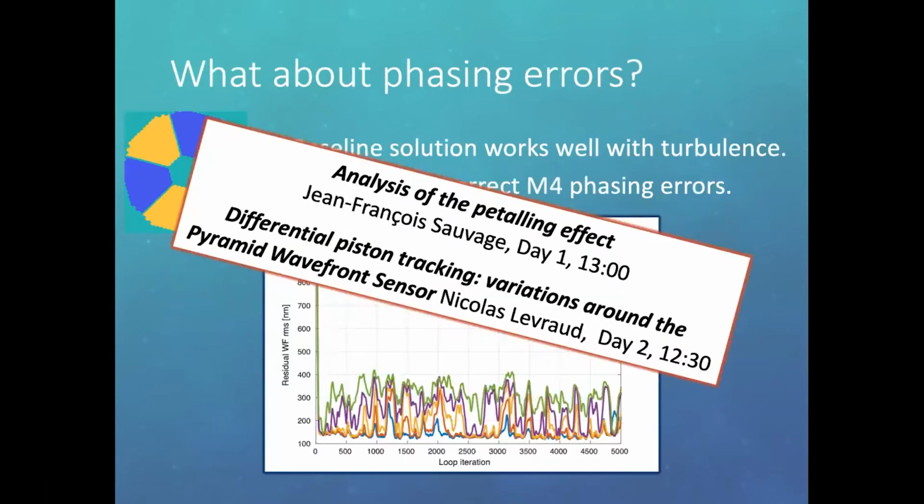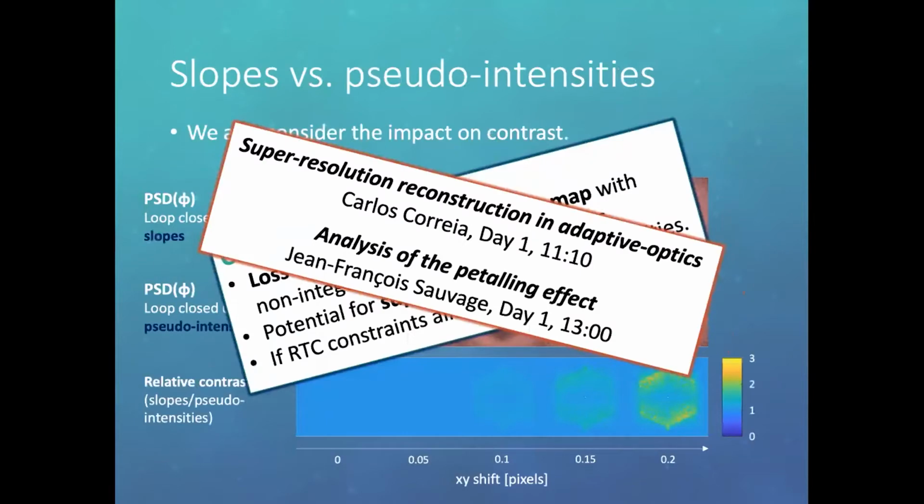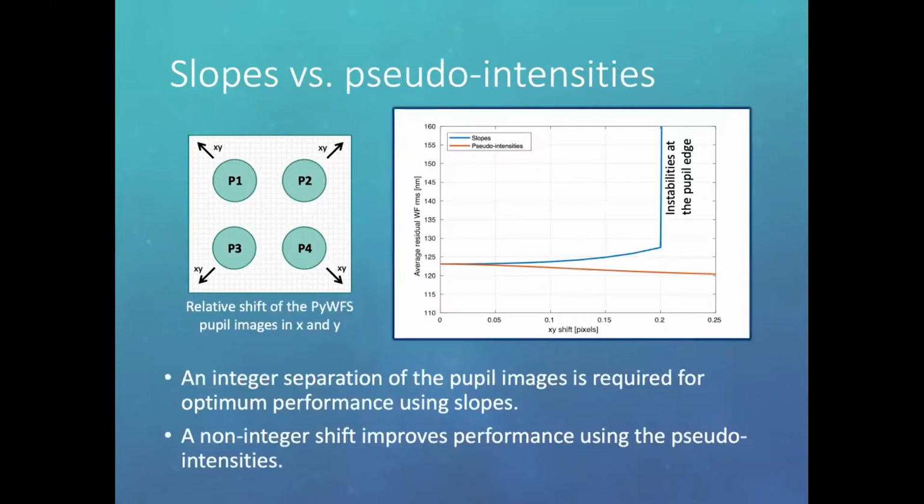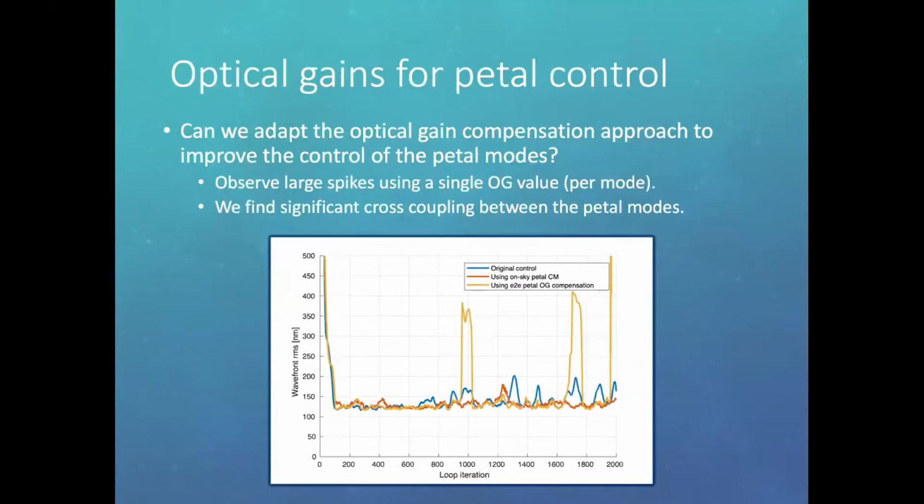So maybe I can just go back to... yeah. So basically, what this is showing is that it's more complicated than using a single value and basically doing a kind of scaling of each optical mode.